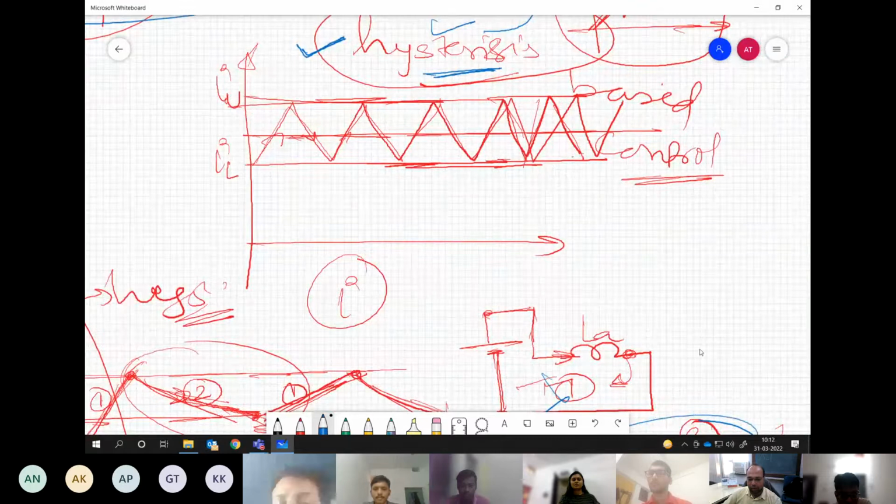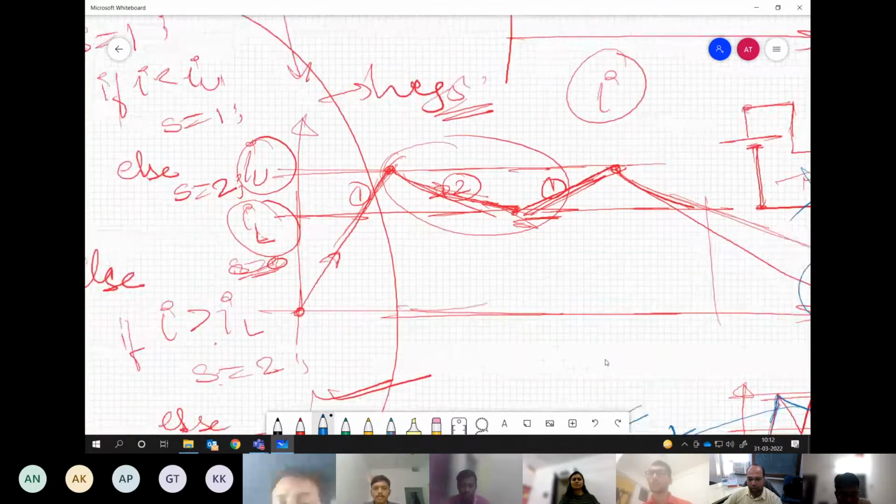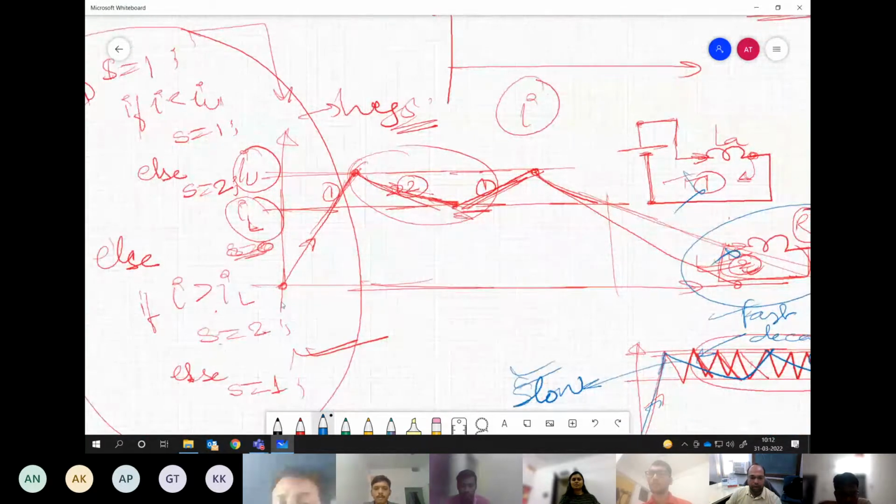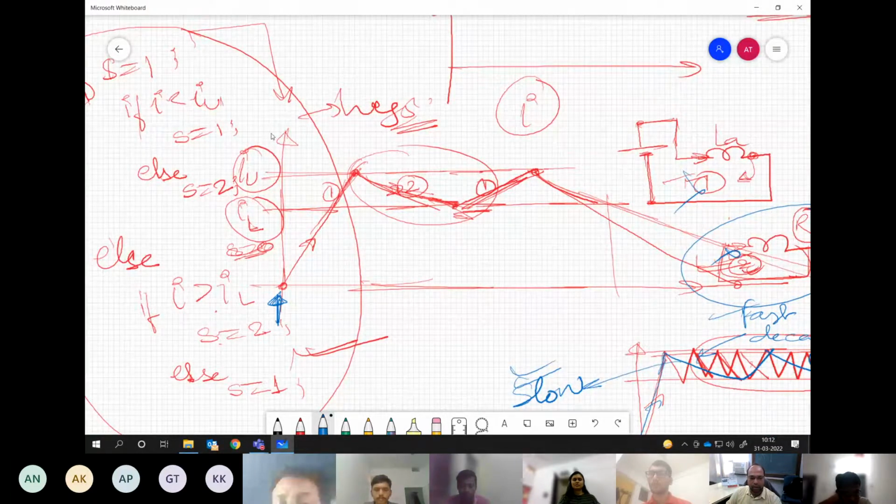Yes, the current will be zero initially. Let's say this case, what I have drawn over here. Let's say at this point you got the indication from the speed encoder or position sensor that your theta has reached the point where you need to apply the current in this particular coil. Say theta is some phi 1. It has reached here. Now you need to apply the current. So what you will do, you will change the mode to this one and then current will rise.